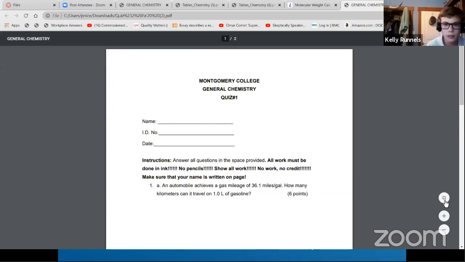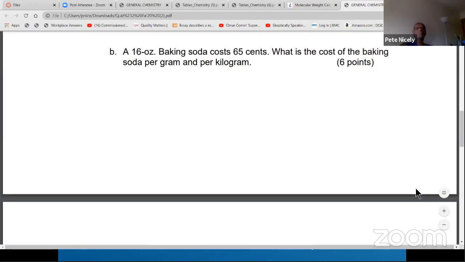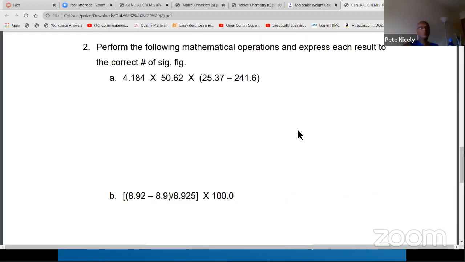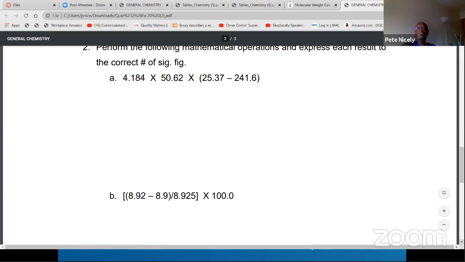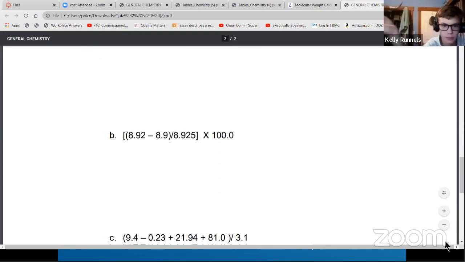Oh, yeah. All right. So you said question number 2. Oh, okay, this one. 2B, okay. Yes. The 8.92 minus 8.9. When you're adding and subtracting, you figure your decimal places as the smallest number of decimal places in the entire equation. And so I would get an answer of 0.0. Exactly.